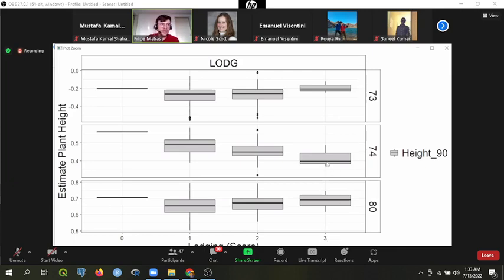And when we flew the drone again and calculated the height at the 90% quantile, check what happened. The genotypes that were receiving score 3, the ones that normally lodge, we could capture this height reduction on average in the plot. So they were shorter than the other genotypes that continued standing.